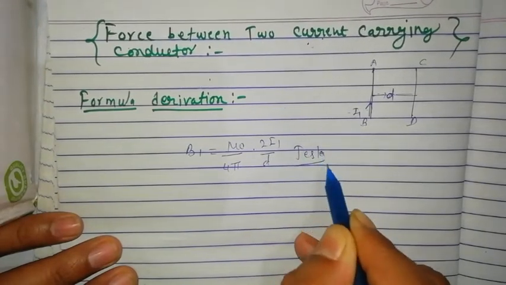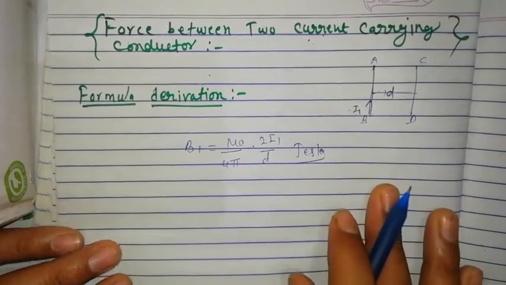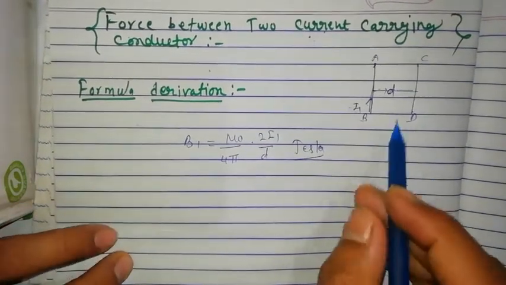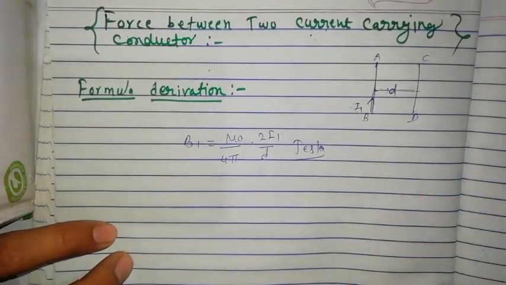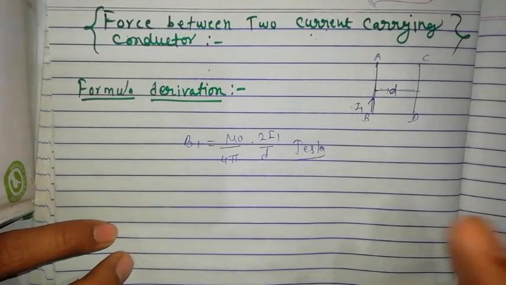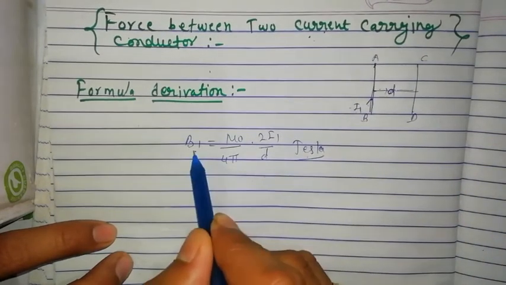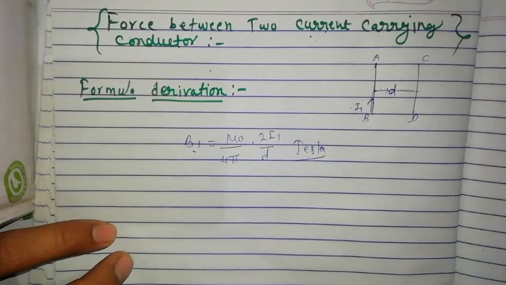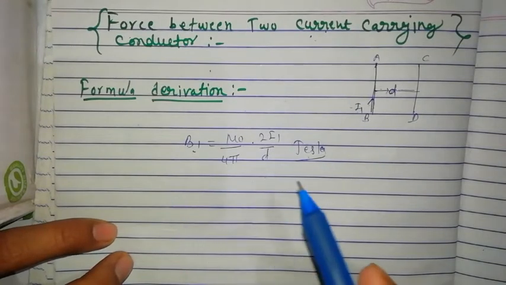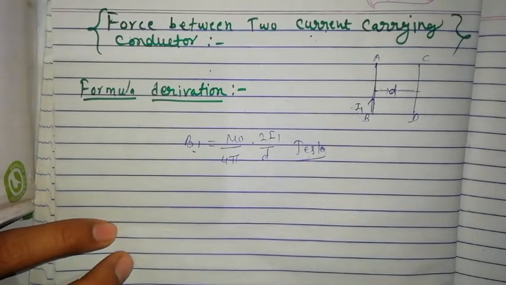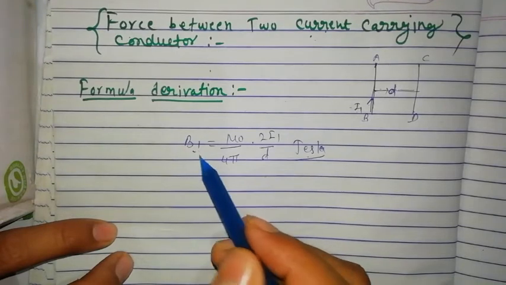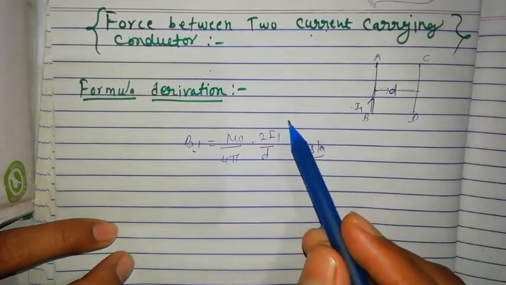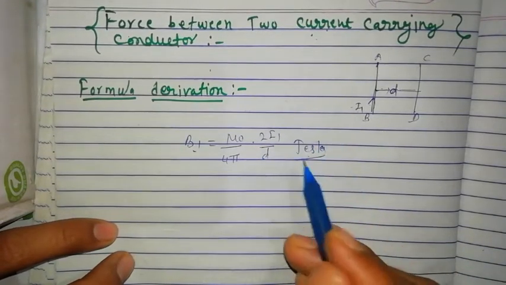Tesla is the unit of magnetic field. According to the right hand rule, the direction of magnetic field B1 is inward, perpendicular to the plane of paper.